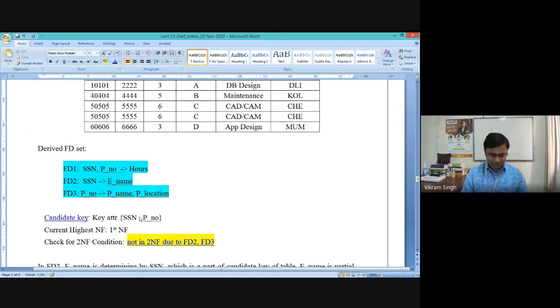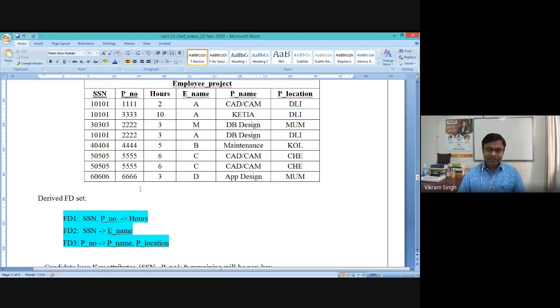SSN and this, and the remaining will be non-key, right? Now we have clearly identified that we have 6 different attributes: SSN, project number, hours, E name, P name, and project location.